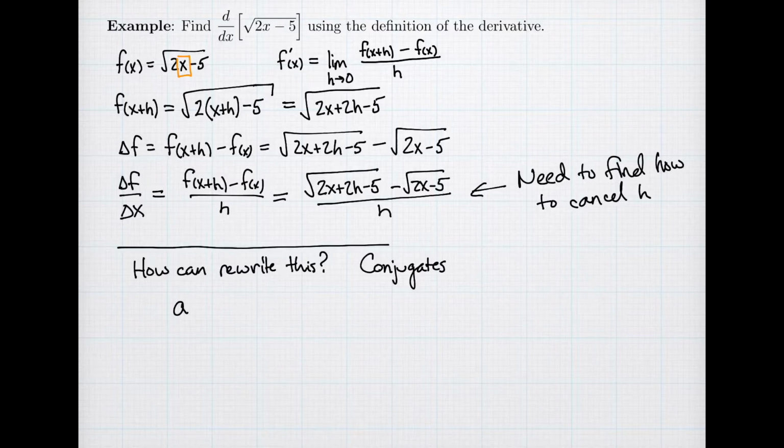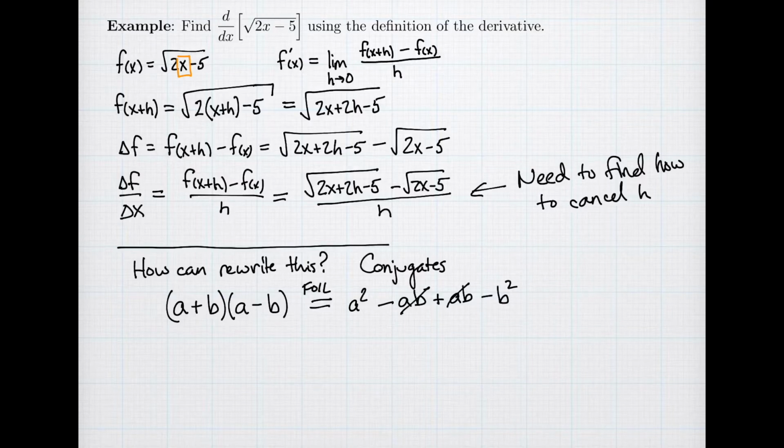If I take a number plus another number, and I multiply it by, so a plus b times a minus b, if I use FOIL to multiply that out, I get a squared for the first terms, a times negative b gives me minus ab for the outer terms, b times a gives me ab for the inner terms, and then I get minus b squared. And notice that the ab cancels.